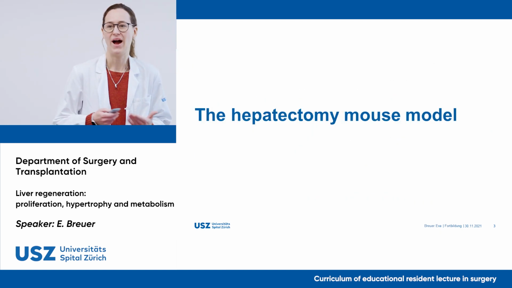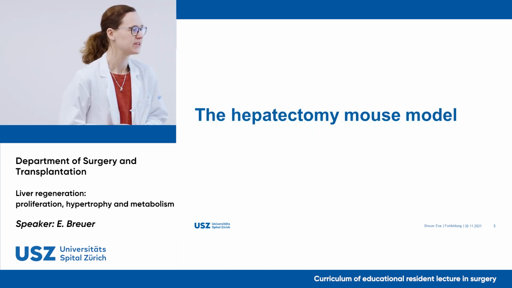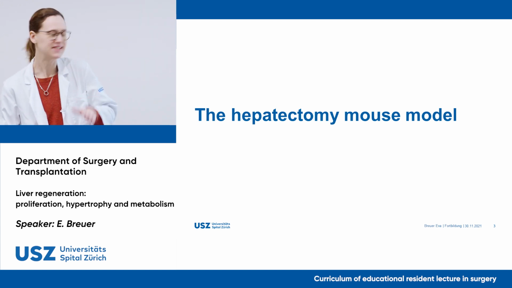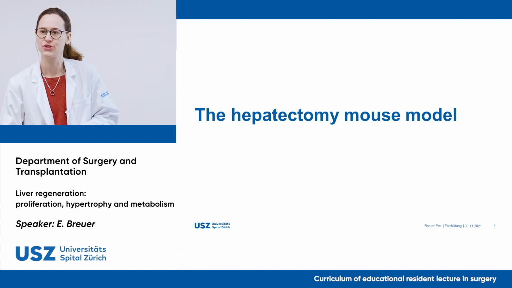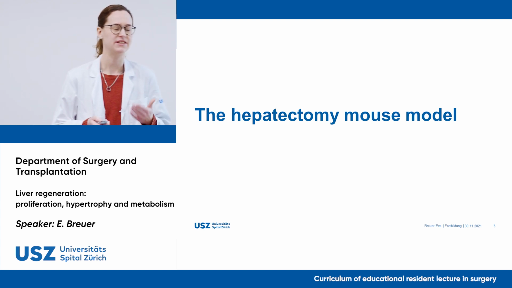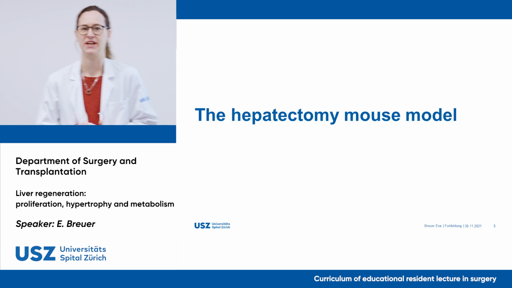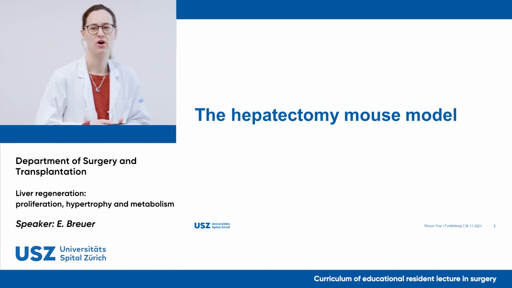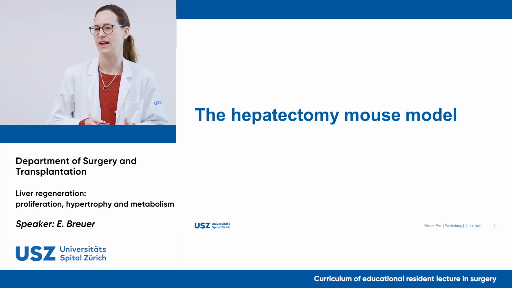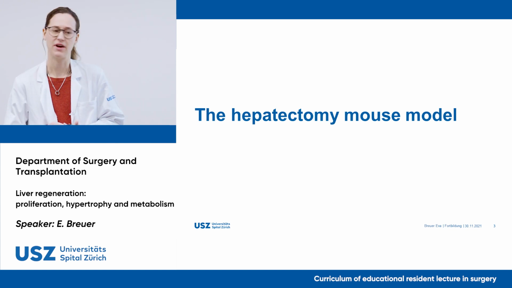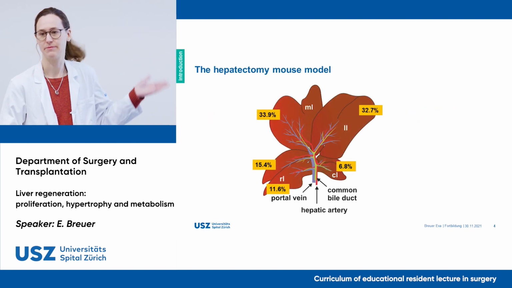So how do we do this research? I just want to give a little insight into our mouse model. There are, in the meantime, organoids and organs on a chip, but at the moment we don't really have a model that does not rely on animals. So we have our mice. This is a mouse liver.